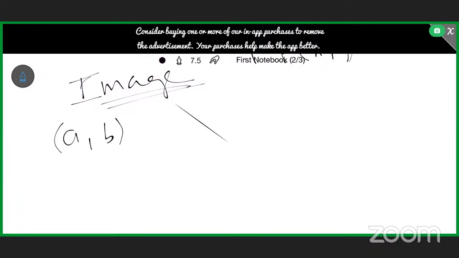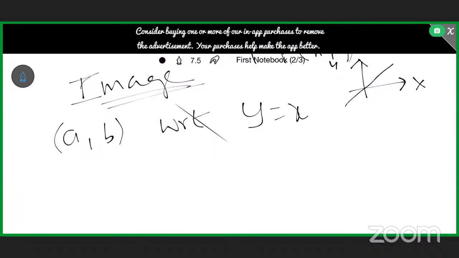The image of (a, b) with respect to the line y = x: if this is my x-axis and this is my y-axis, and there is a line passing through like this, the image of point (a, b) with regard to this line will become (b, a).